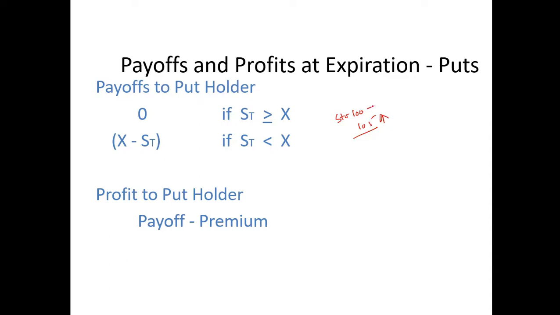So why would you sell at 100 rupees to the option writer? You will sell at 105 in the market. So if the stock price is greater, the option is worthless, 0, and you will lose the option premium which you have paid. It will be profitable only when the stock price is below. That is why it is written X minus S.